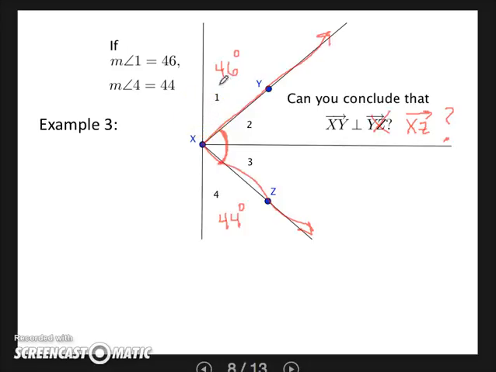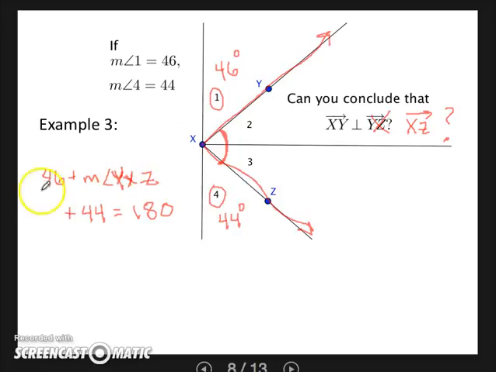Because angle 1, angle 4, and this angle, angle YXZ, form a linear triple. So we can say that 46 degrees plus whatever the measure of angle YXZ is plus 44 degrees must equal 180. Is that enough to make any conclusion? Well, we can certainly find the measure of angle YXZ.